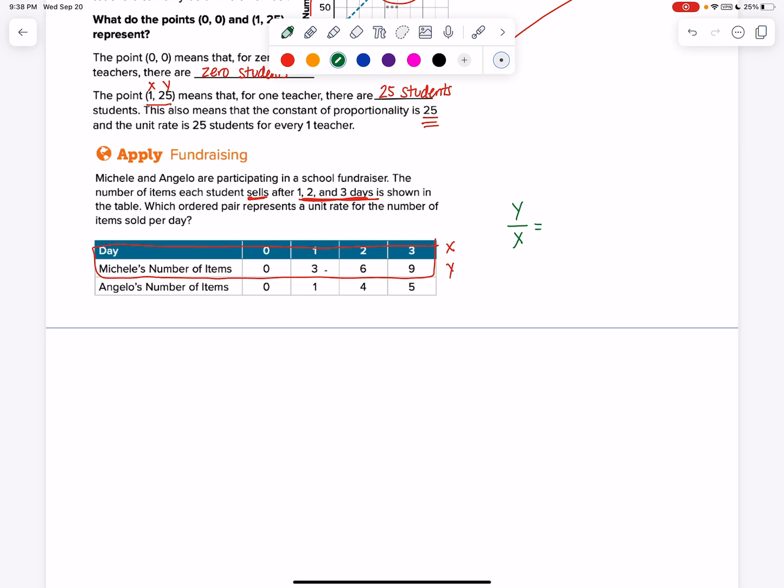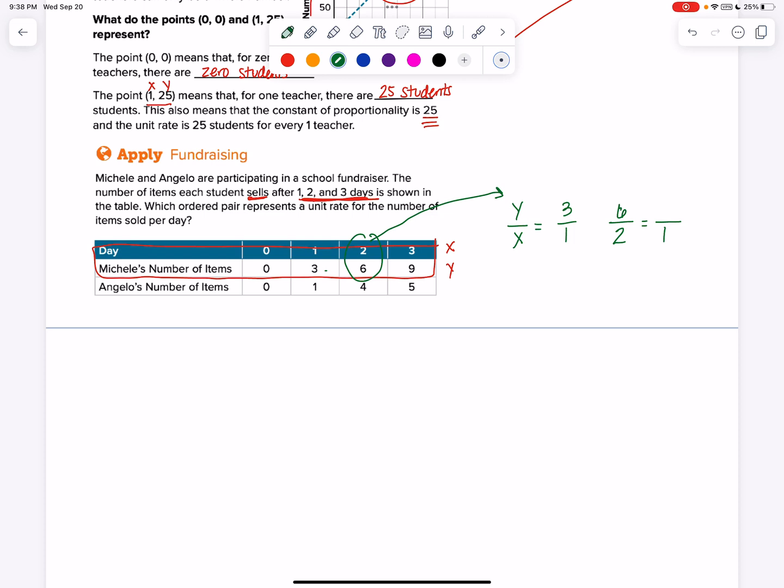We can do the 3/1, y divided by x. That's already in a unit rate, and then let's test out one more. So let's do the 6 and the 2, so plug that in. 6 would be the y, and 2 would be the x. So 6 divided by 2, what's the unit rate?